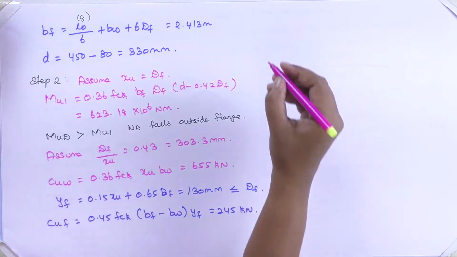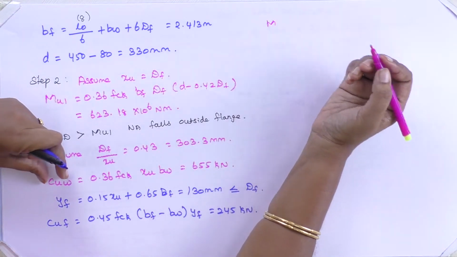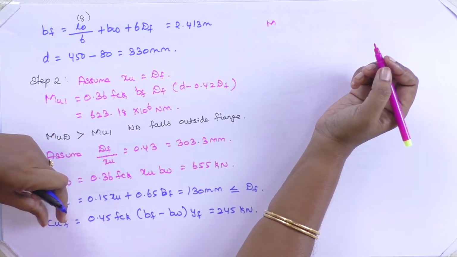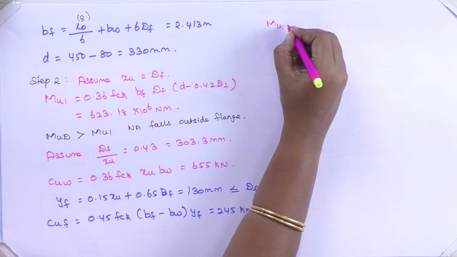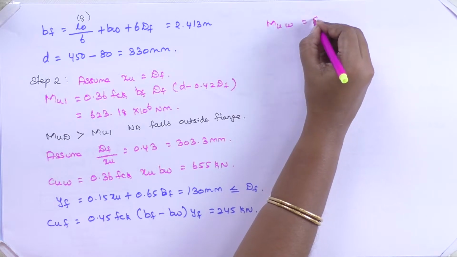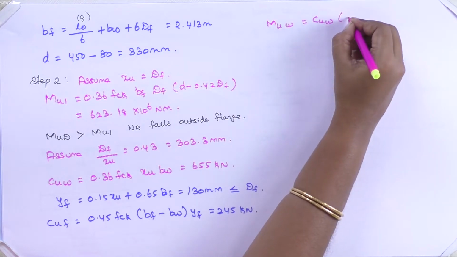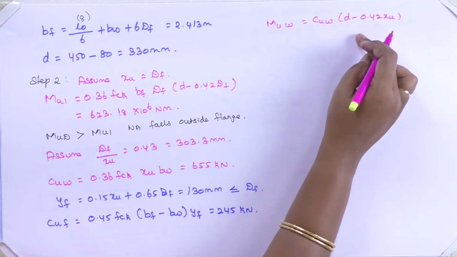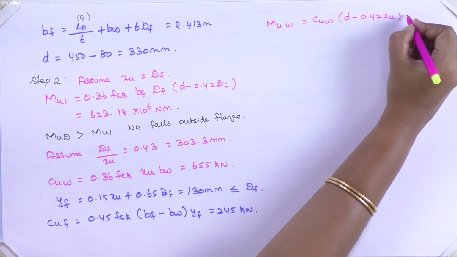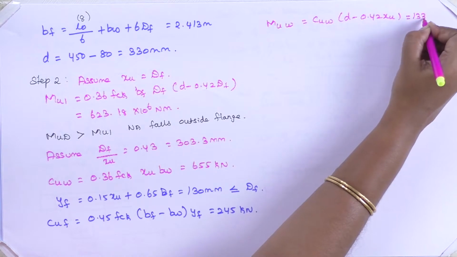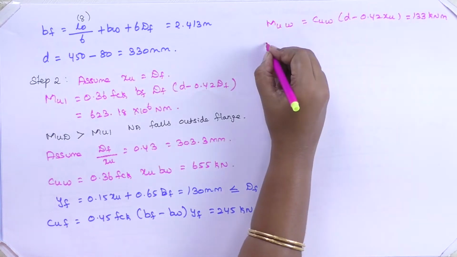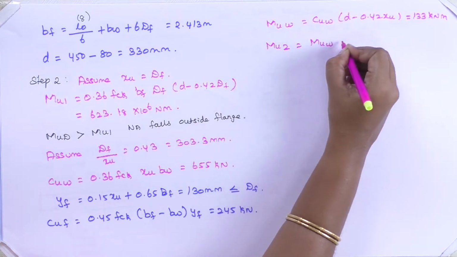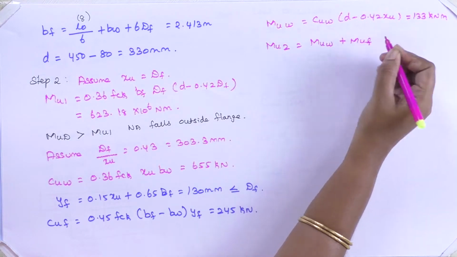Now this is the compressive force required for the web portion and the flange portion. Now I can calculate the ultimate moment for web is that CUW into D minus 0.42 XU, that is the force into the lever arm distance. For this I will get around 133 kilonewton meter. MU2 is equal to MUW plus MUF.